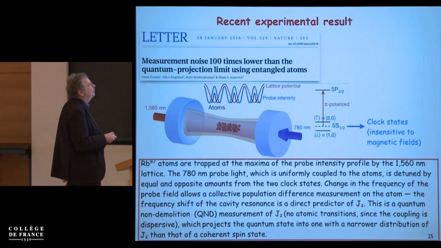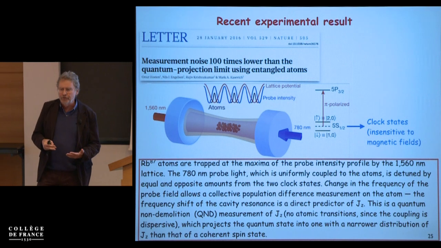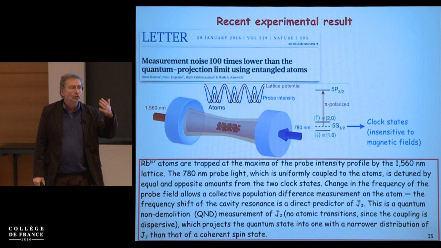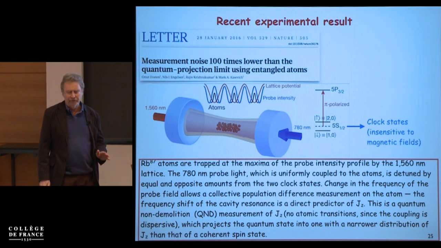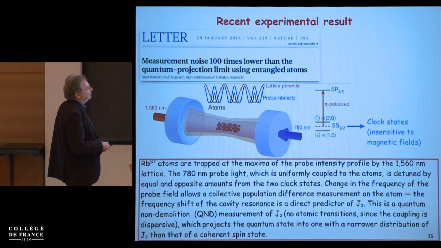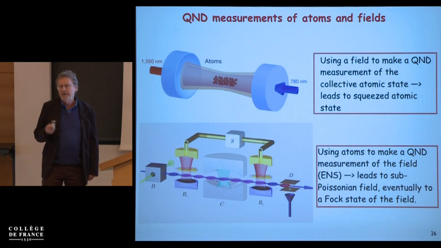It's quantum non-demolition precisely because this field is not resonant with an atomic transition. So there is no photon absorption here, and there is no atomic transition in first approximation. Okay? So that's the idea. Now, this is very similar to what was done here at ENS.